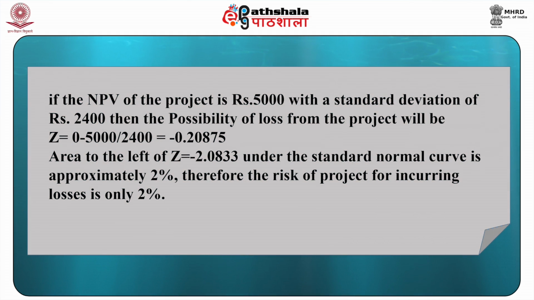For example, if the NPV of the project is rupees 50,000 with a standard deviation of rupees 2,400, then the probability of loss from the project will be Z equal to 0 minus 50,000 divided by 2,400, which will be equal to minus 2.0833. Area to the left of Z equal to minus 2.0833 under the standard normal curve is approximately 2%. Therefore, the risk of project for incurring losses is only 2%.